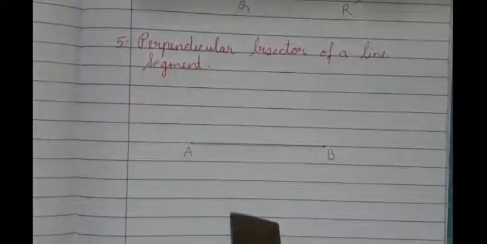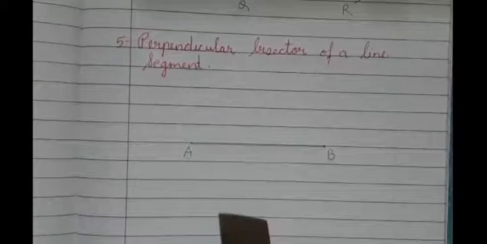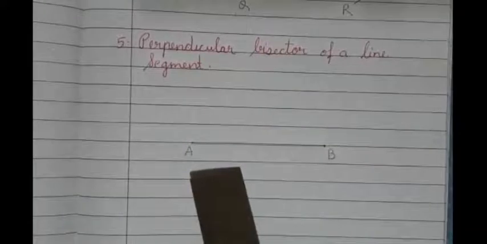Now we are going to construct the perpendicular bisector for this line segment. So children, what is a perpendicular bisector? A perpendicular bisector is a straight standing line which will make an angle of 90 degrees with this seg AB, and also it will divide this seg AB into two equal parts.